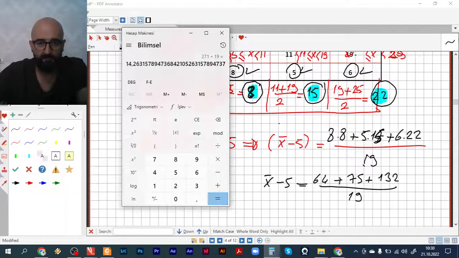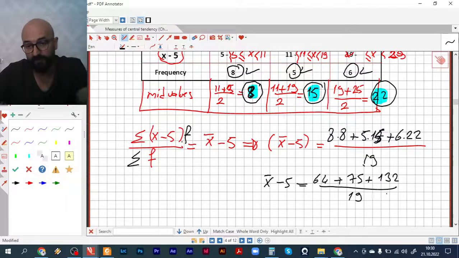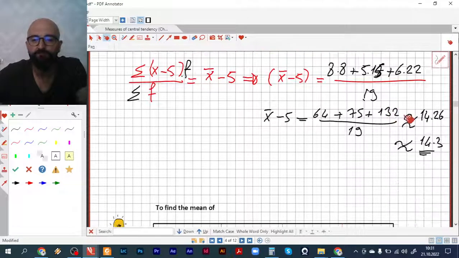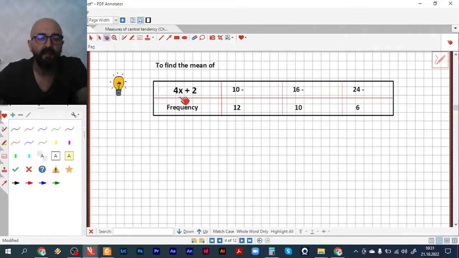I want to use the calculator: 64 plus 75 plus 132 over 19, approximately 14.26. If we want to round it to one decimal place, 14.3.